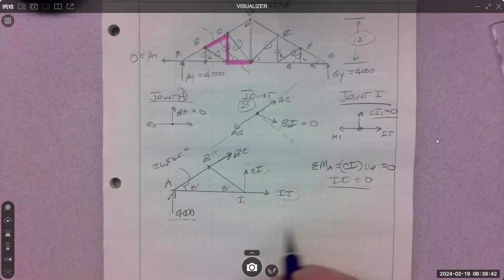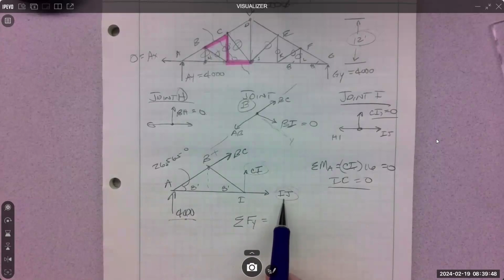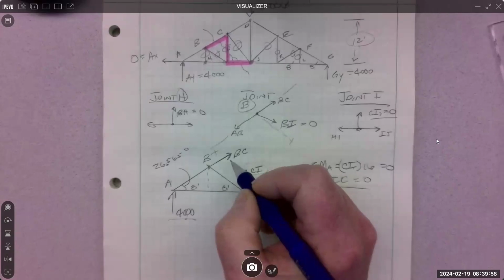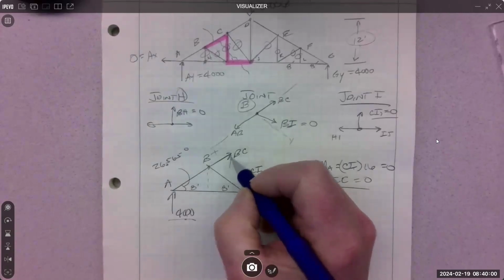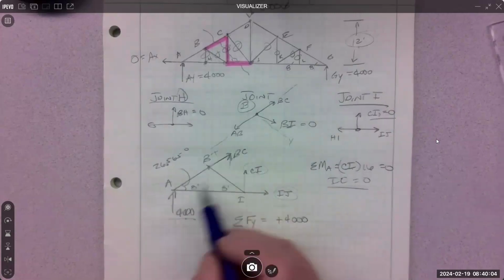So what Jorge is saying he did is sum forces in the Y. That's a great strategy because IJ is all in the X. It's not going to come into this equation. So that means we have plus 4,000, and we have probably not up, because these two have to oppose each other.